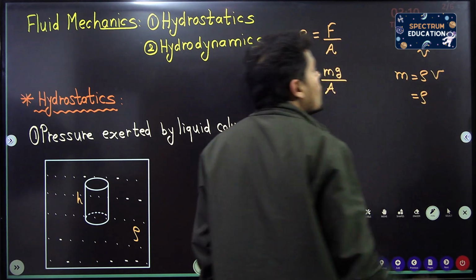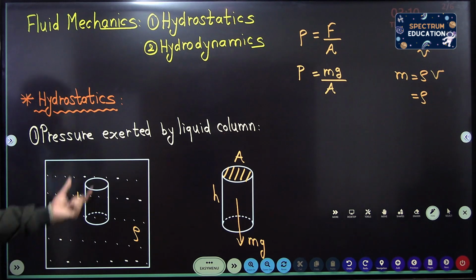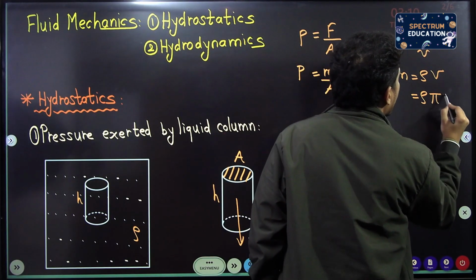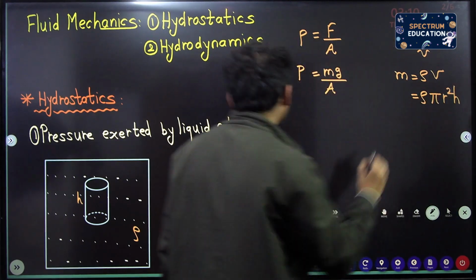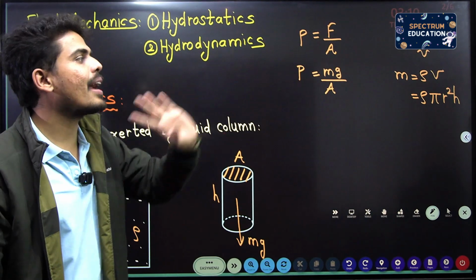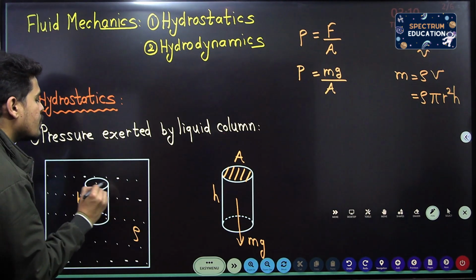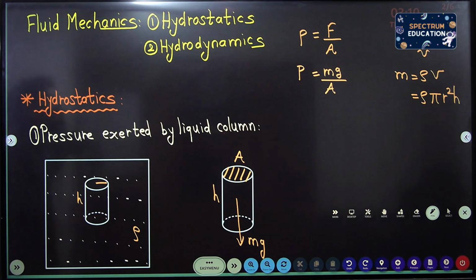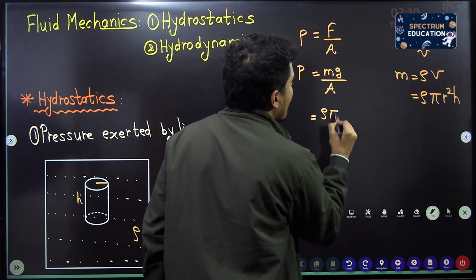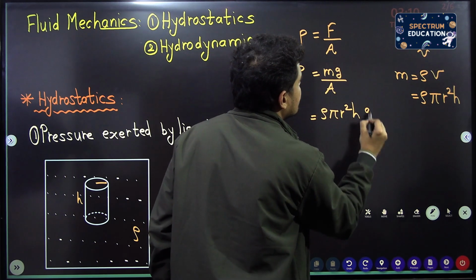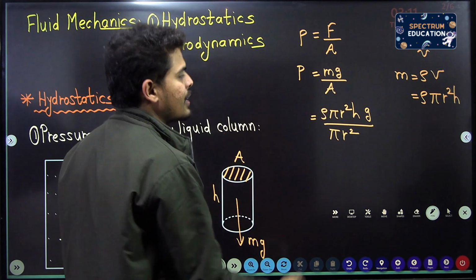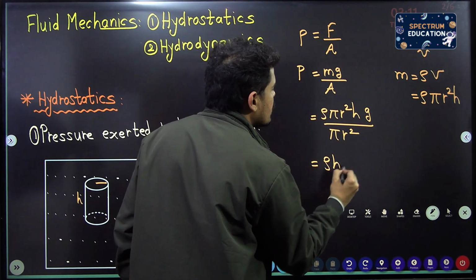The volume of this imaginary cylinder is pi r square into height h, where A is the area, pi r square, and r is the radius of that imaginary container. So m is rho pi r square h, into g, and the area is pi r square. The pi r square gets cancelled and you will get rho h g.